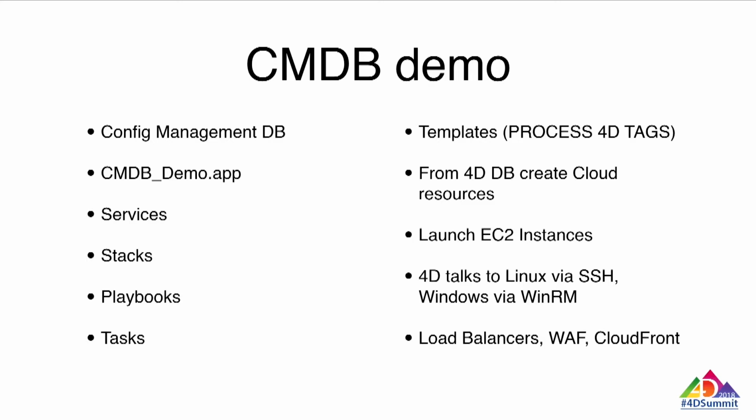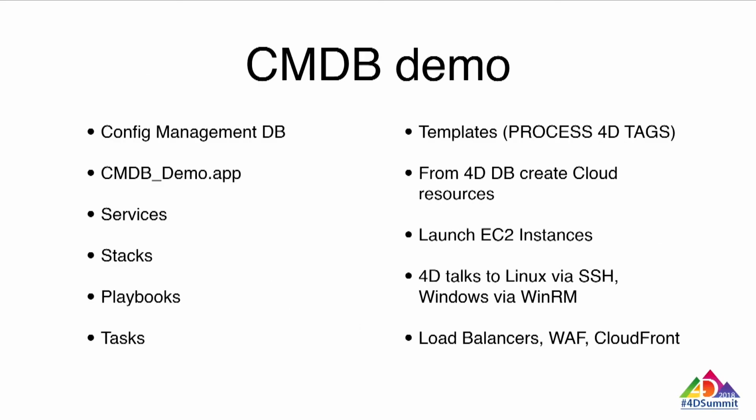I have the tasks in the 4D database. So 4D passes those tasks, whatever needs to be accomplished, to Ansible, and Ansible does the thing. The reason we did it this way is that we don't want to write everything in 4D. We do not want all the APIs written in 4D to accomplish those things. It will take forever.